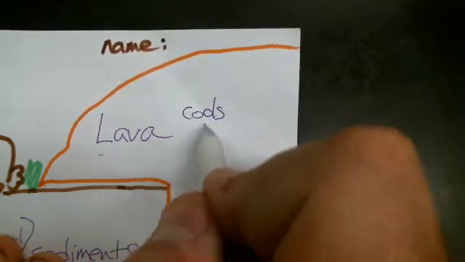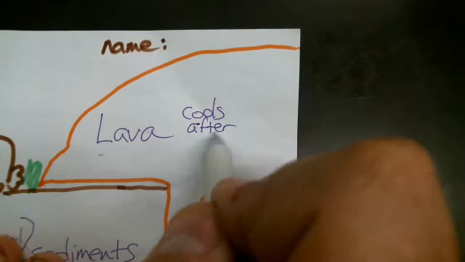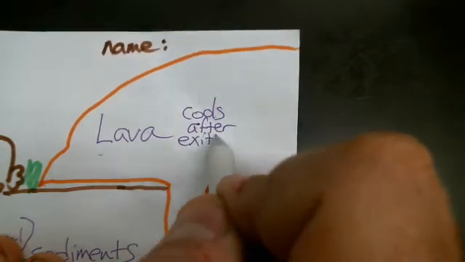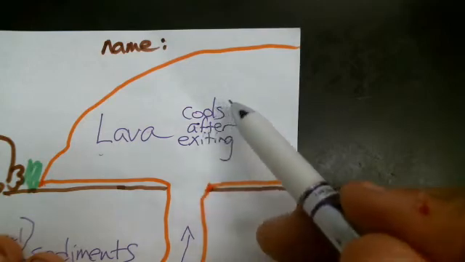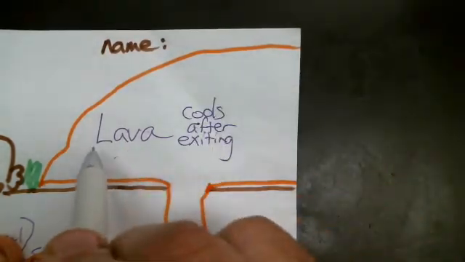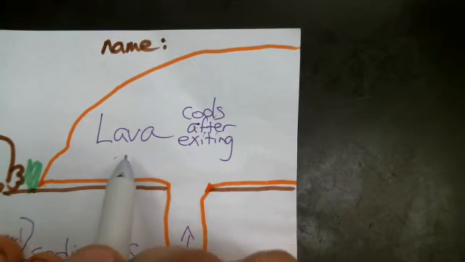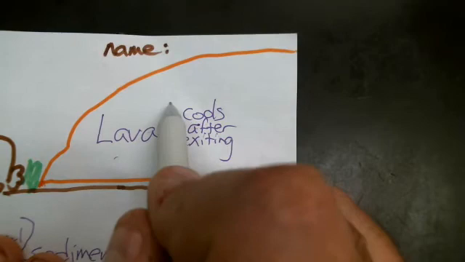And we're going to write in small letters here, cools after exiting. So after the melted rock exits the ground and pools up on the outside, it becomes lava. We just changed the name from magma to lava when it exits the ground.